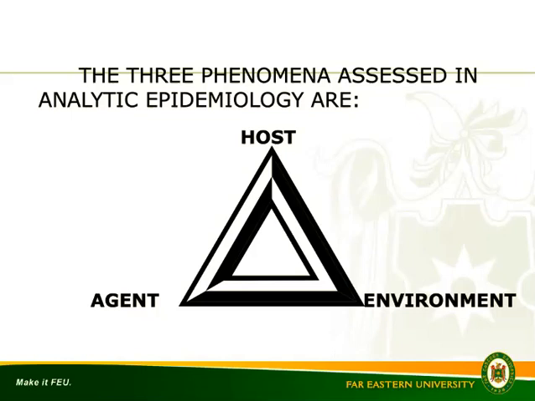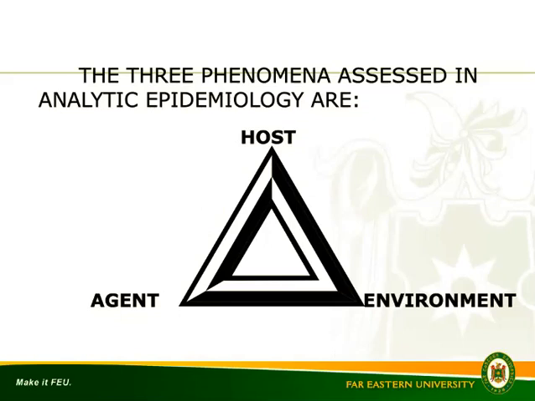So we have mentioned that in terms of analytic epidemiology, the study tries to answer how and why the disease is occurring. So, analytic epidemiology is done for the purpose of determining systematically whether or not the risk of disease is different for individuals exposed or not exposed to a factor of interest.